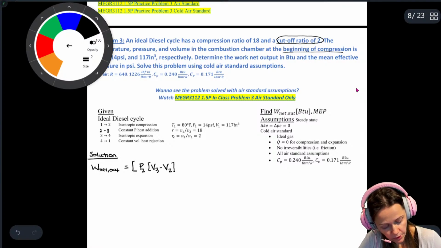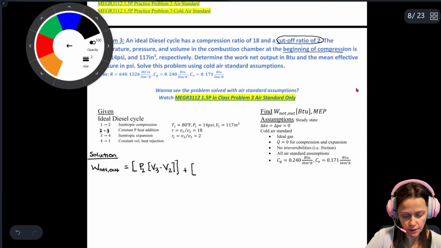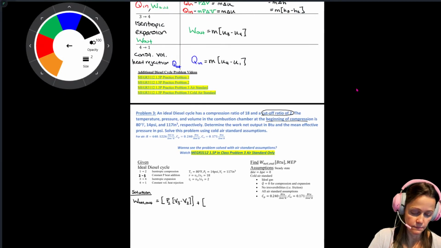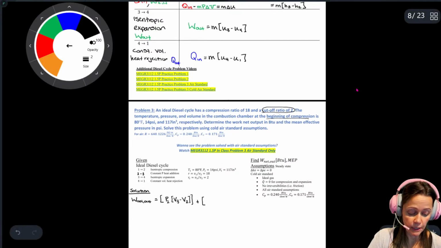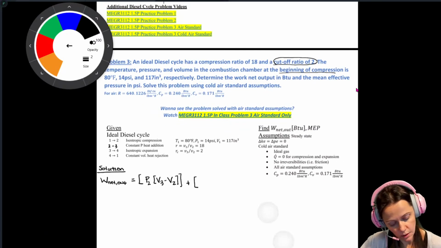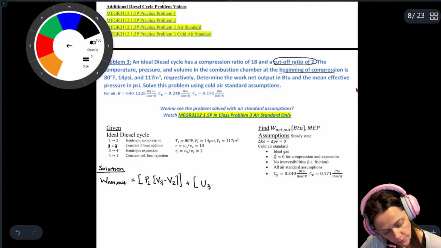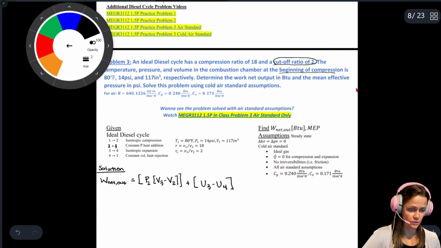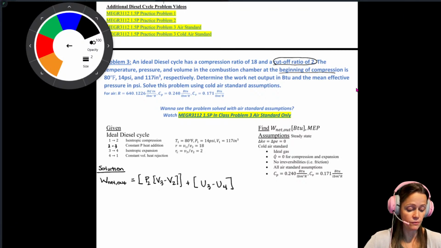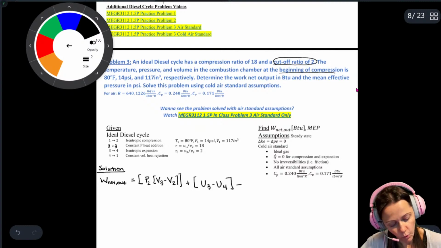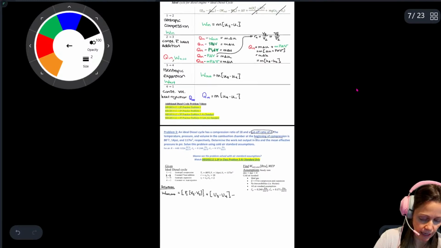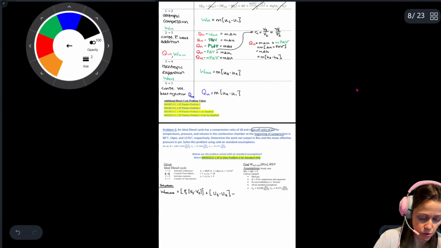That's the work output from 2 to 3. We also have a work output from 3 to 4, and that's delta big U, so big U3 minus big U4. I could isolate the mass, and that would be fine. And I could put it in terms of little specific volume and little u. And then my work input is from 1 to 2. Once again, I have that defined up there at the top, U2 minus U1.